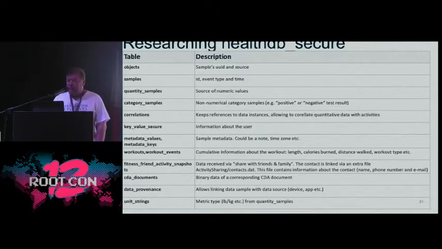Here are the information of some of the tables in HealthDB Secure we were able to understand. And there are objects, samples, quantity samples, category samples, correlations, and so on. And that information, unfortunately, also not available in the health kit data.